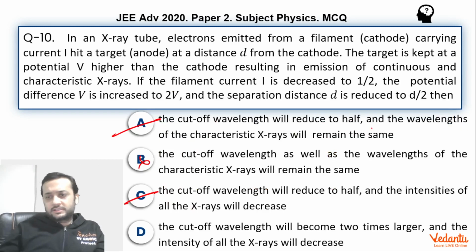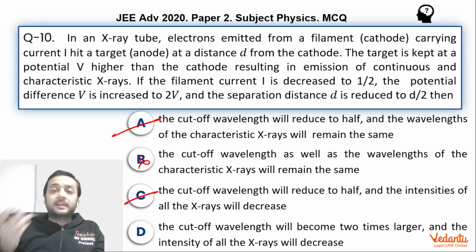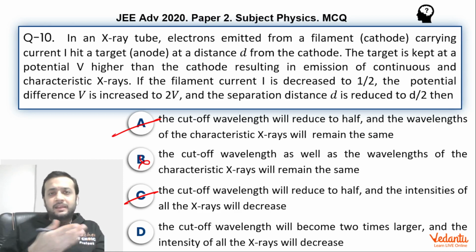But if the question says that the wavelength of characteristic X-rays will remain the same, I believe that what they want to ask is about the wavelengths that were getting emitted earlier. If any new wavelength is getting emitted, then there's no question of talking about being the same or not, because it did not exist before. It's useless to ask whether it remains the same or not, because it is a new thing.